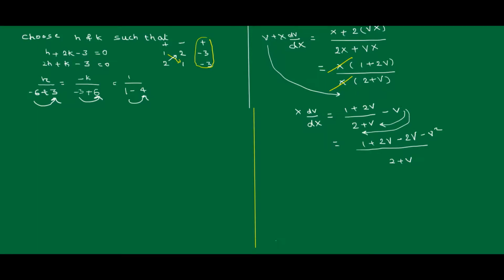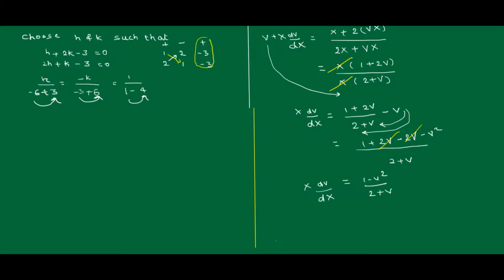So then you will get 1 plus 2v minus 2v minus v square divided by 2 plus v, where this plus 2v and minus 2v get cancelled. So x into dv divided by dx is equal to 1 minus v square divided by 2 plus v.